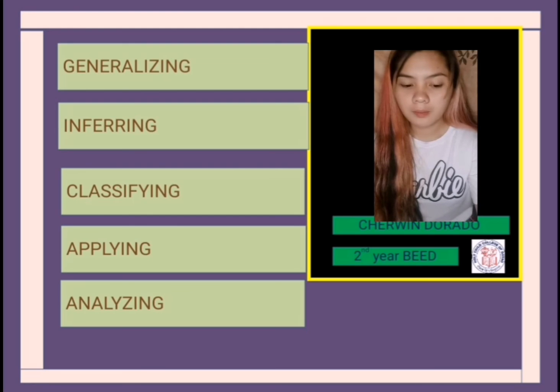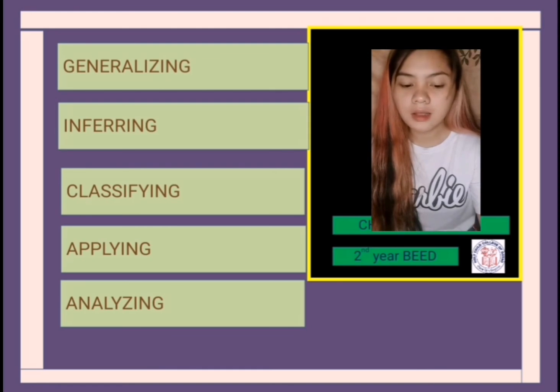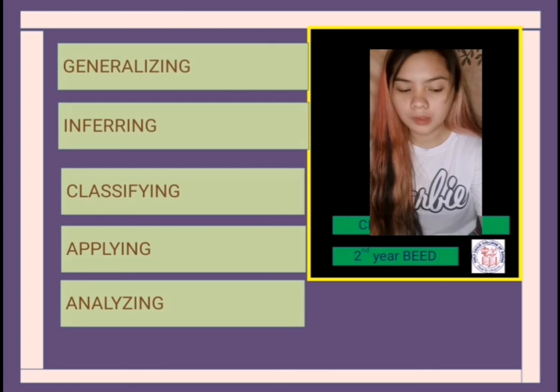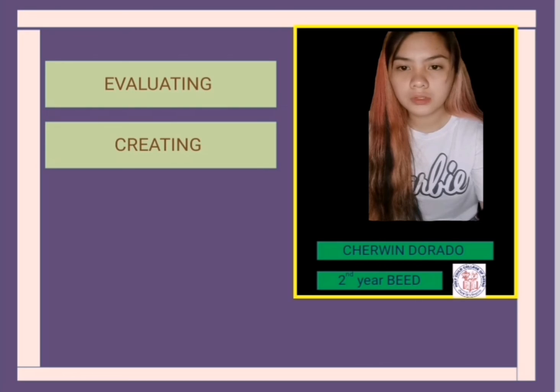And the eighth is applying. Describe a situation that illustrates the principle of essay. And the ninth is analyzing. Describe the reasoning errors in the following paragraph. And the 10th is evaluating. Describe the strengths and weaknesses of the following using criteria developed in class. And 11th is creating.